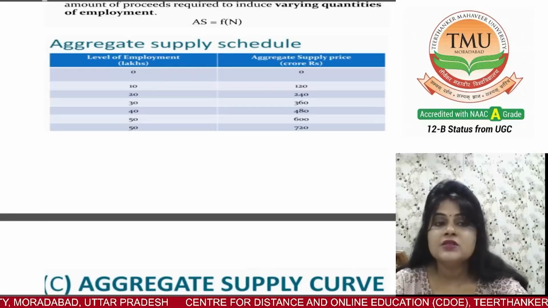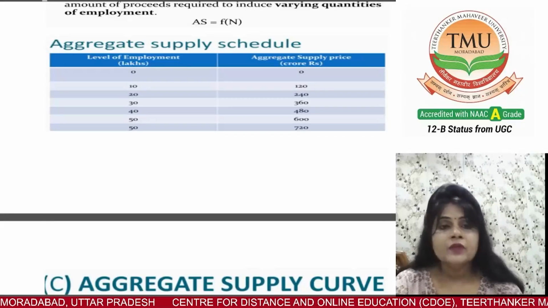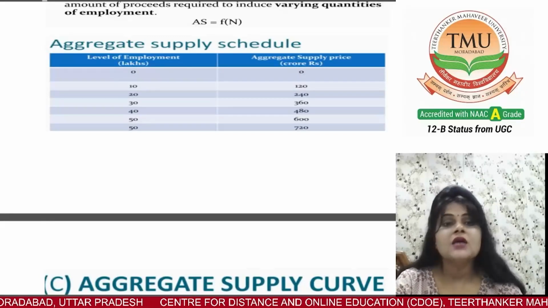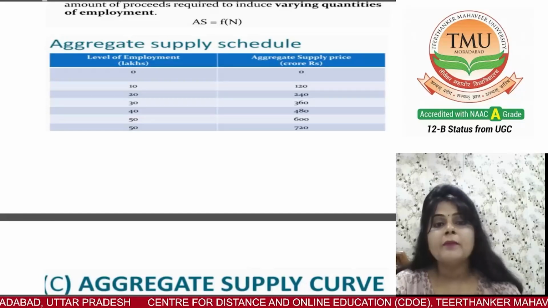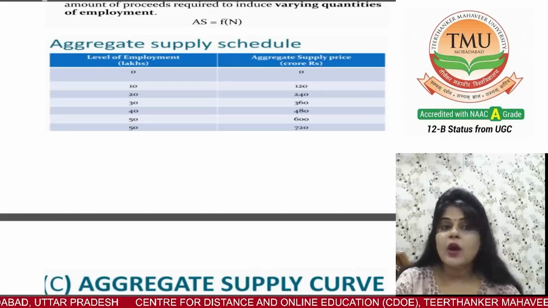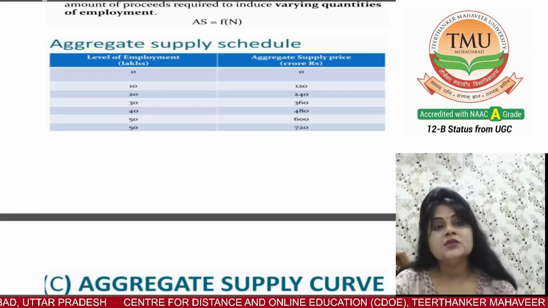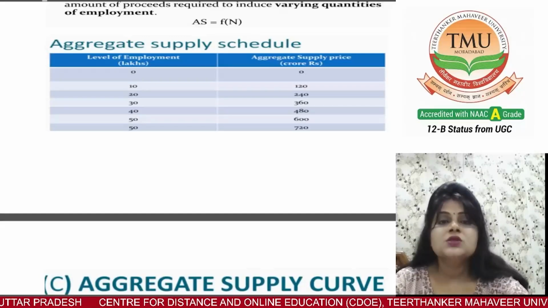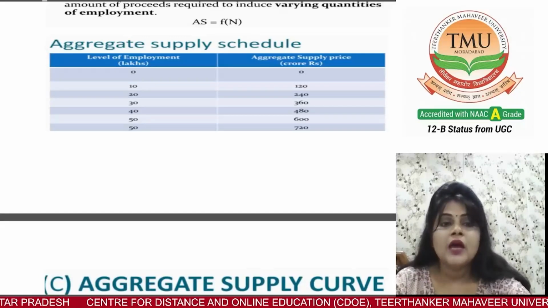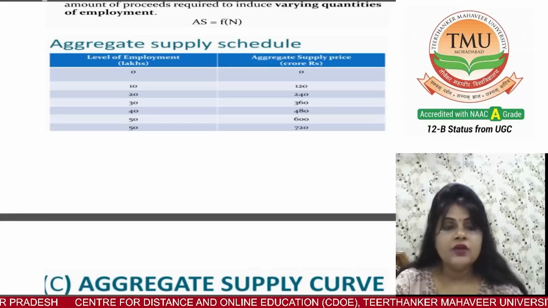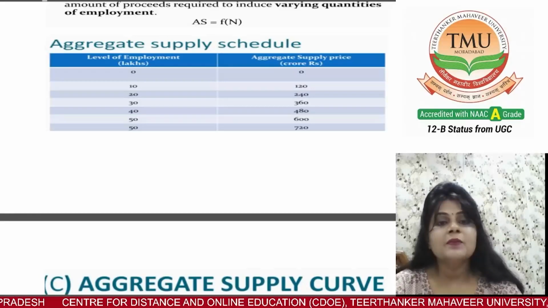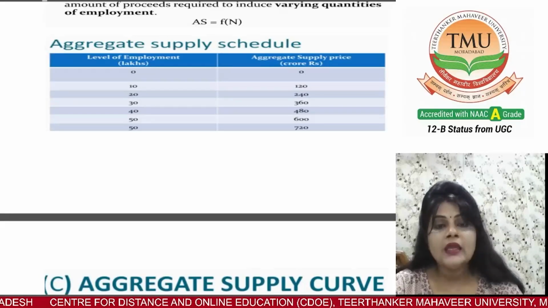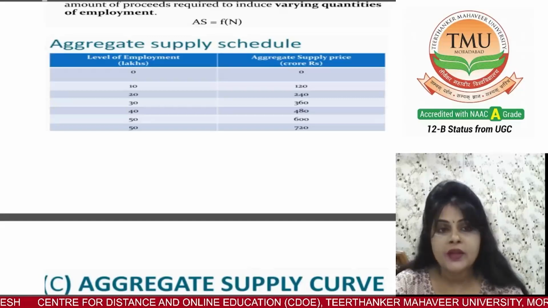In the words of Professor Dillard, the aggregate supply function is a schedule of the minimum amount of proceeds required to induce varying quantities of employment, as shown in the table. The table reveals that aggregate supply price rises with the increase in the level of employment.